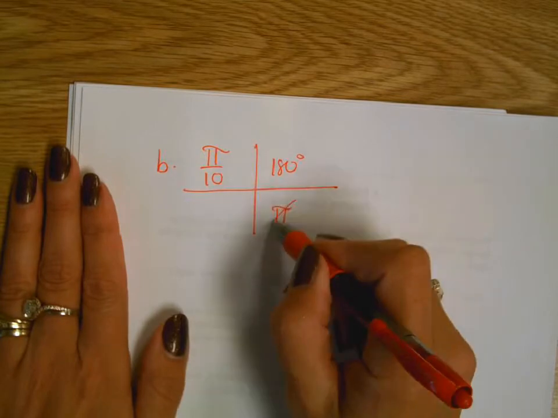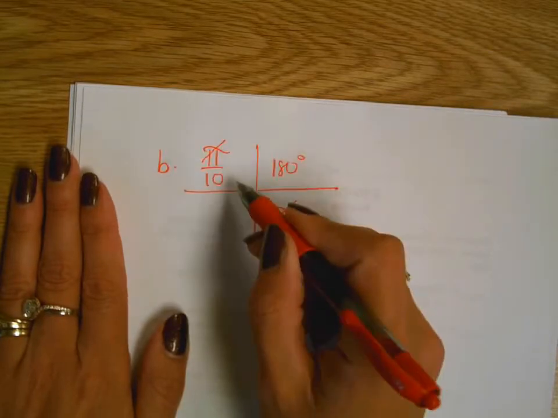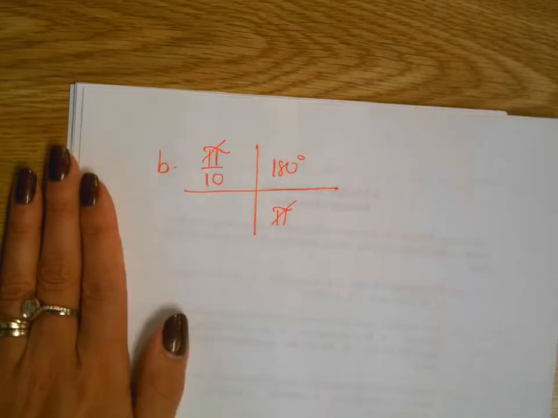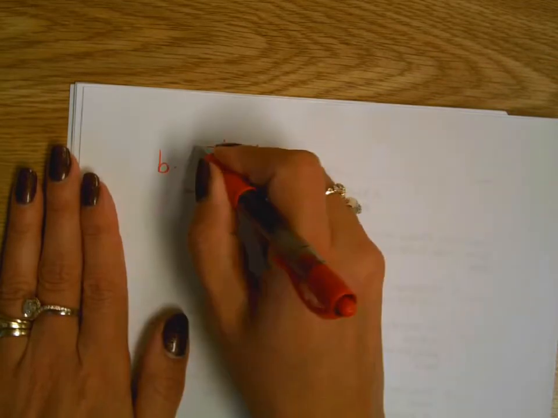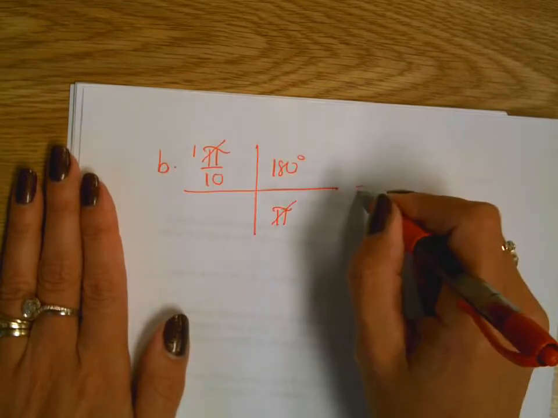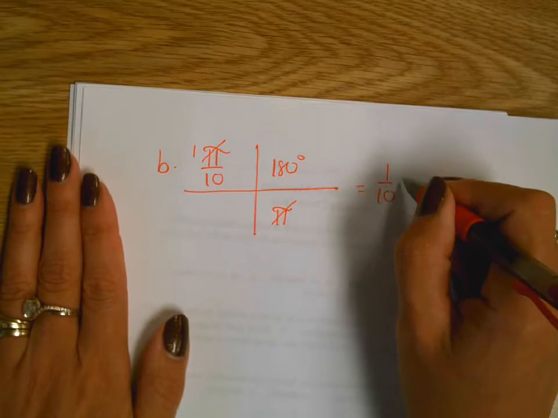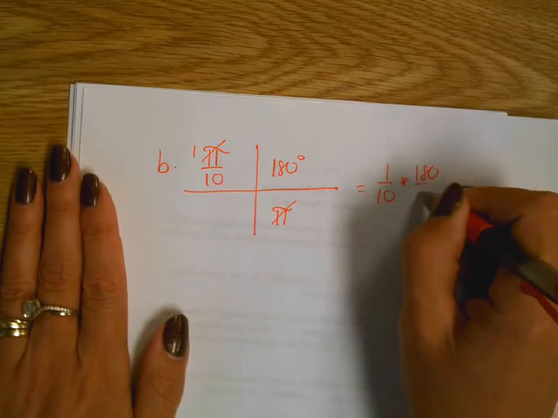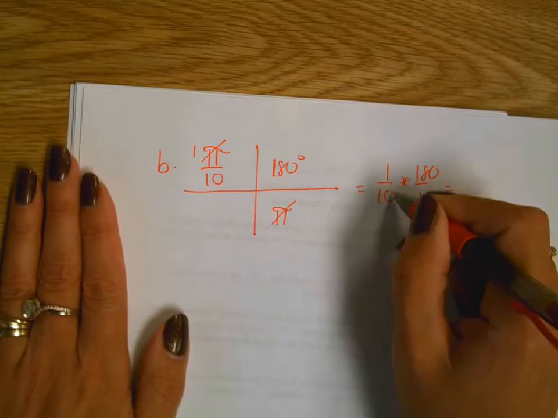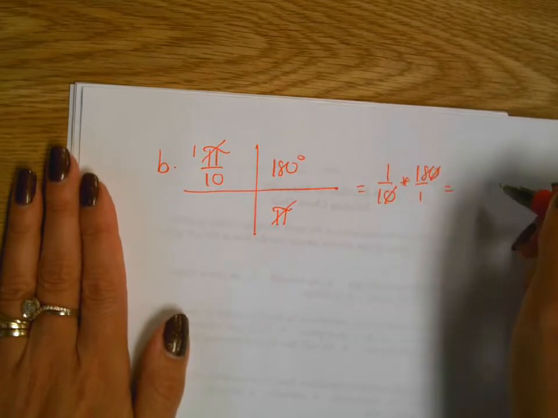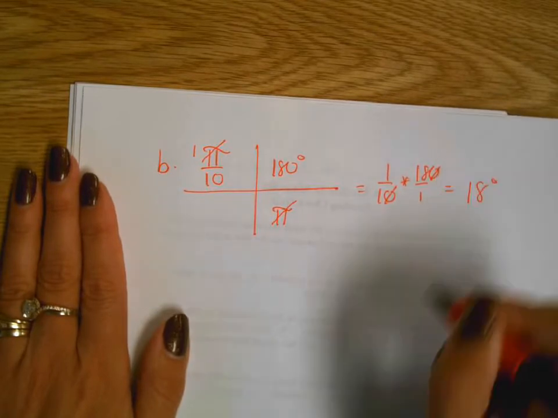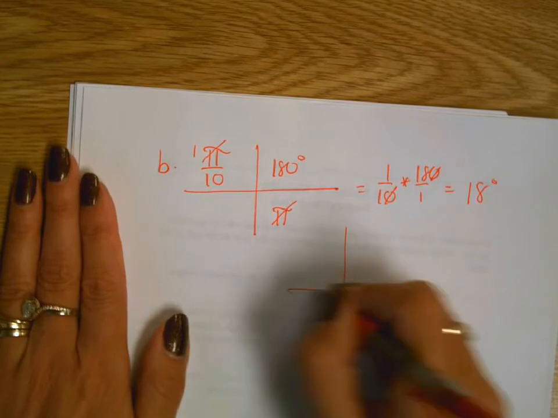So the pi's cancel. What's left in its place up here? 1/10. Don't make that 10. That is 1/10 times 180. What are we getting? 18 degrees. So very small angle.